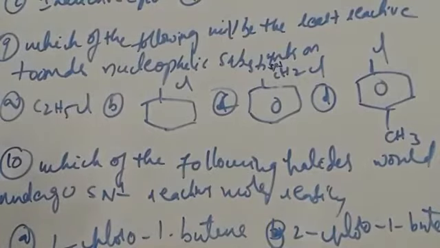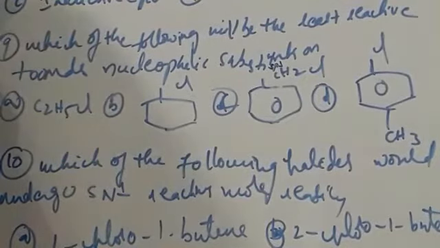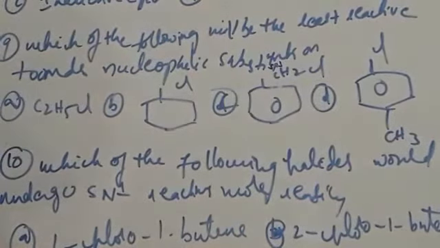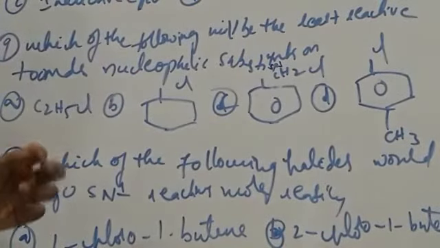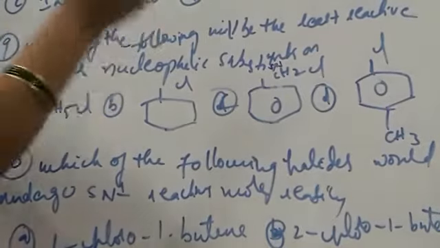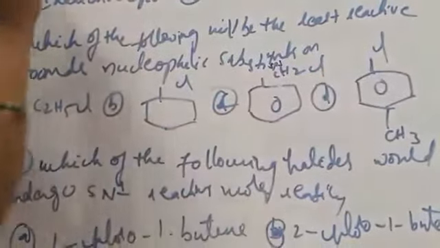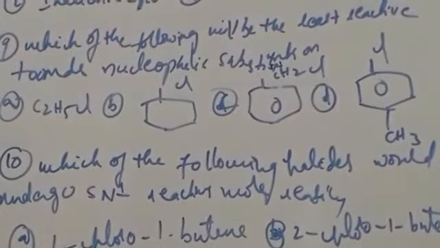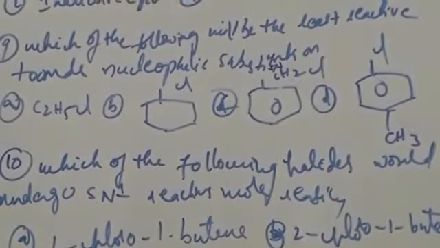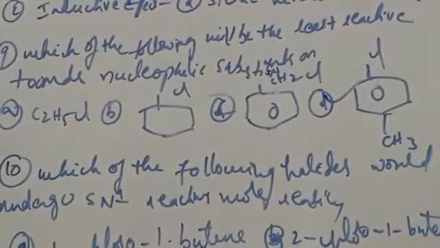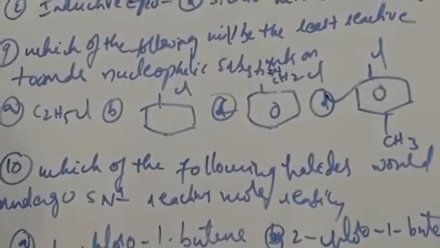Okay. So in resonating structures, it attains some partial double bonding between carbon and chlorine. So due to this, much energy is required for the breakage of that bond. So that's why this compound is least reactive towards nucleophilic substitution reactions. Okay. So option D is correct. This is the compound which is less reactive towards nucleophilic substitution reactions.